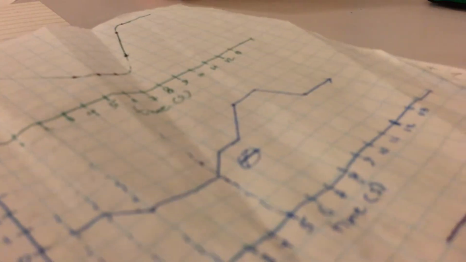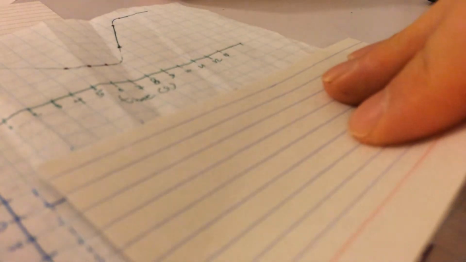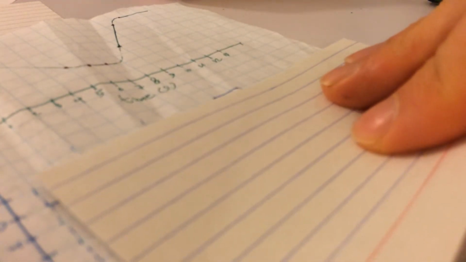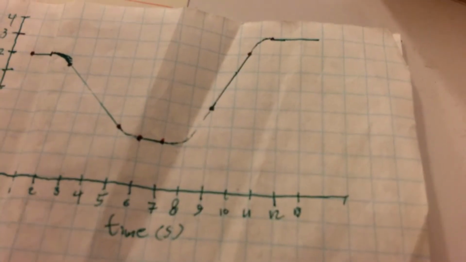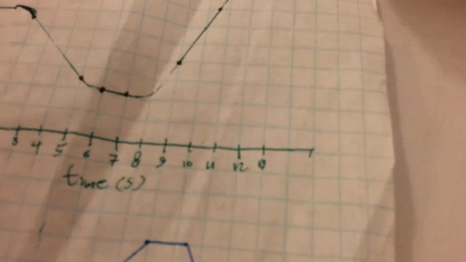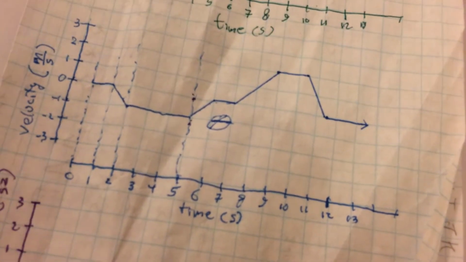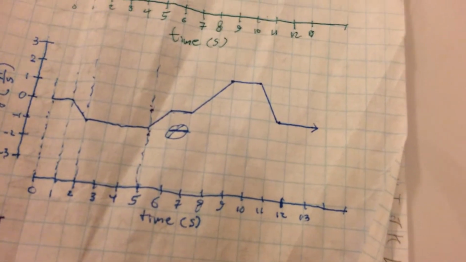And then finally, almost there, we get another point where rise and run is 0. So from 9 to 10.5 seconds, we have another portion with 0 meters per second squared as the acceleration.